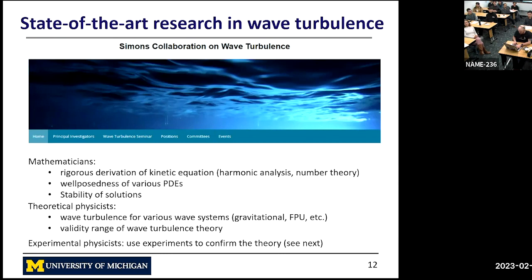One is what I mentioned by Zakharov, who is a professor in the math department. He was able to give a rigorous derivation of the wave kinetic equation for a pretty long time scale. It's more than 100 pages of paper that I never read through, but he's able to derive this equation. That is a major achievement for the field.